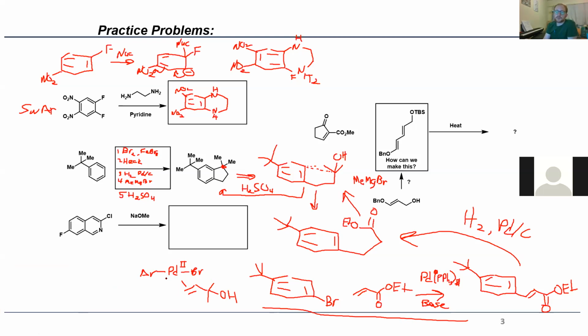And you can think of this next step as migratory insertion, which could give us one of two products. The aryl group can form this CC bond or this CC bond, and palladium goes on the other. So that gives us two isomers.